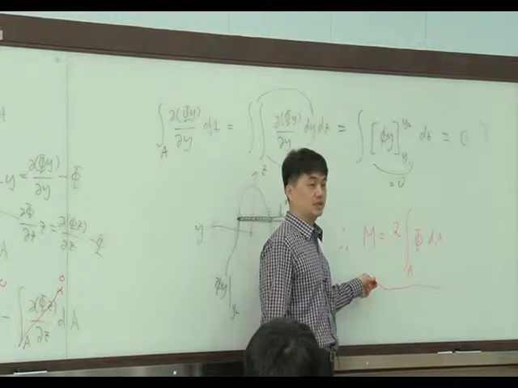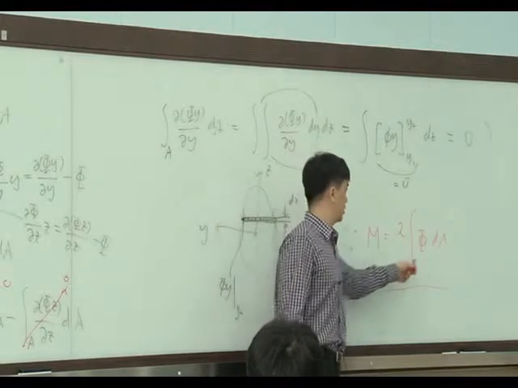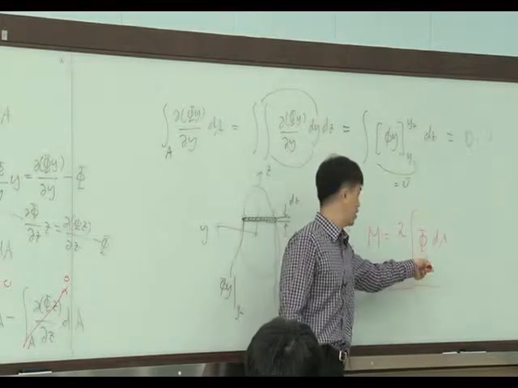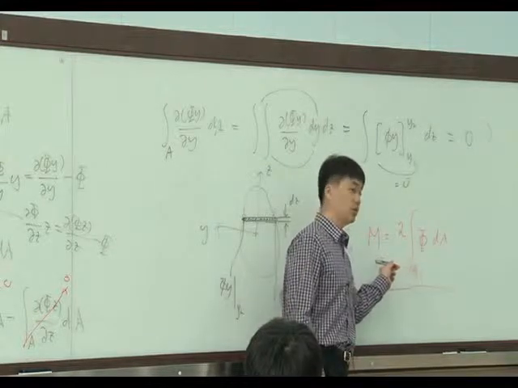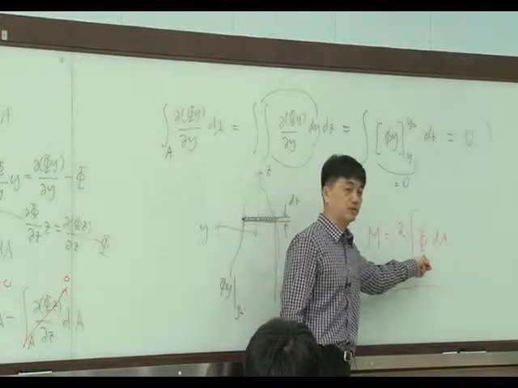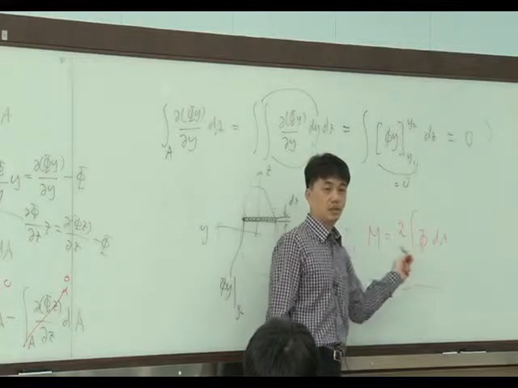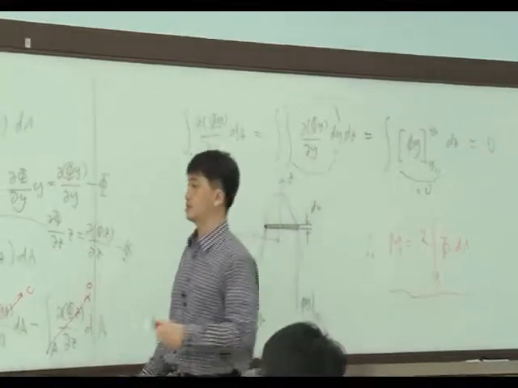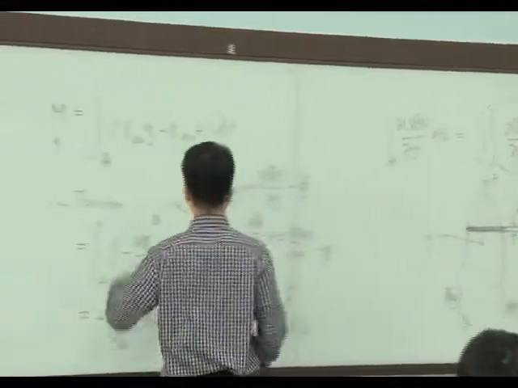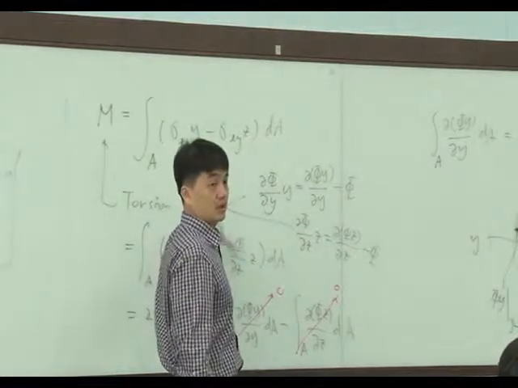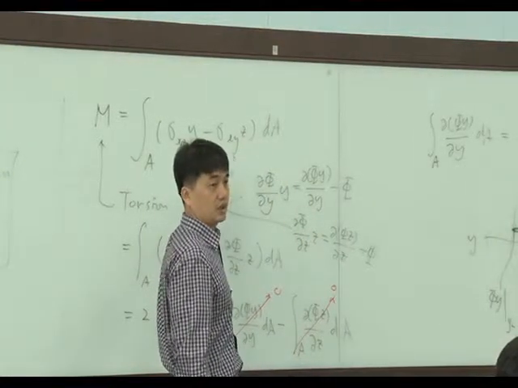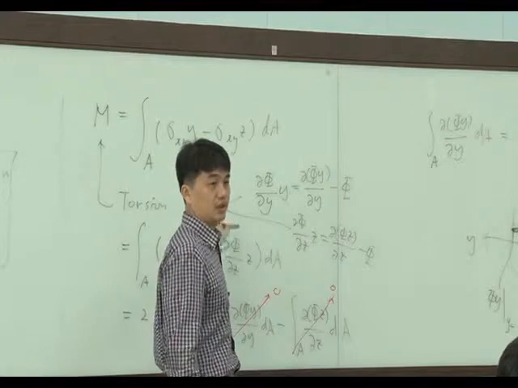Finally this equation gives us the relation for how to calculate the torsional moment from the Prandtl stress function. It looks very simple. All the procedure looks complicated, but it is nothing. You can easily understand.